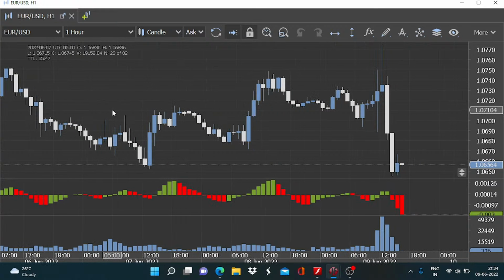So for any buy trade to take place, we want the momentum to be on our side. We want the momentum to be bullish, and not only bullish, it should have recently turned from bearish to bullish. So if the momentum has been bullish for quite a while and we see higher chances of it shifting gears, or you can say even stalling on the higher side, we want to avoid that kind of scenario.